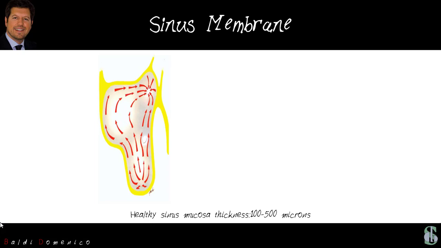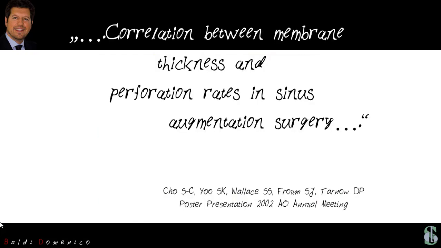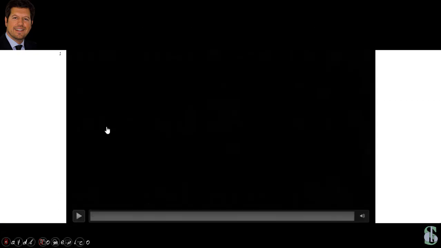It has a thickness of on average 500 microns, and if we think about this size, we can immediately understand the correlation between membrane thickness and perforation rates in sinus augmentation surgery.